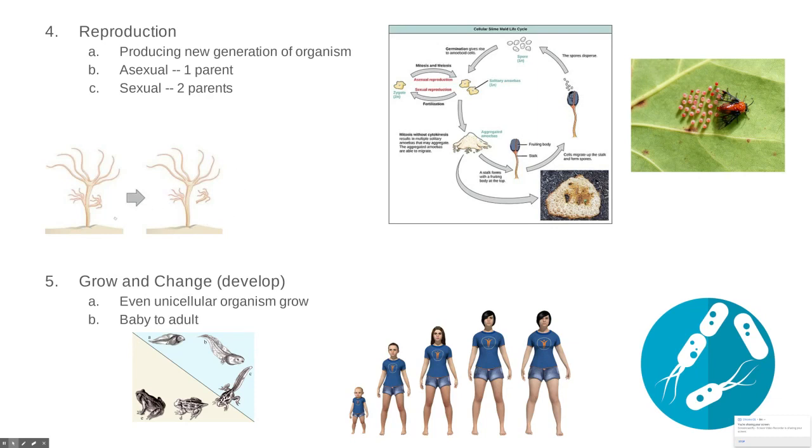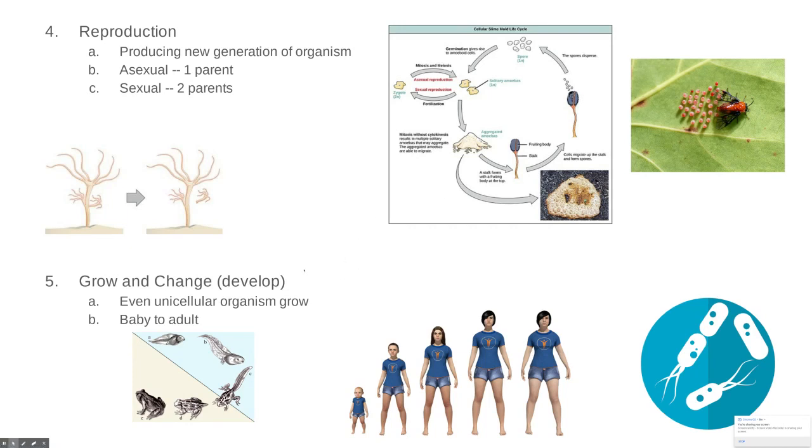Here's an example of budding. This organism grows a copy of itself and then releases it. Here's an example of a slime mold life cycle. It has an asexual and a sexual part. Here's an example of a fly laying eggs for the sexual example.